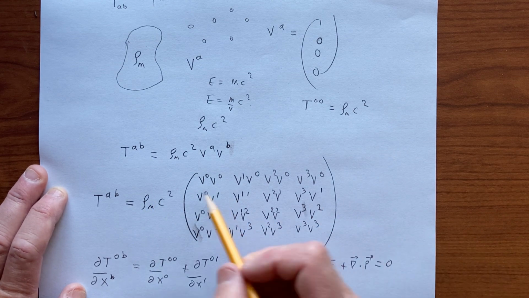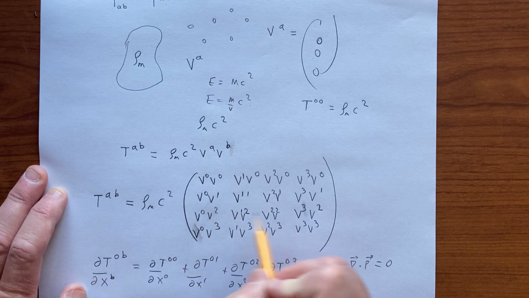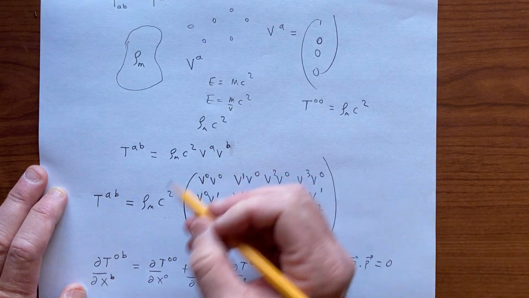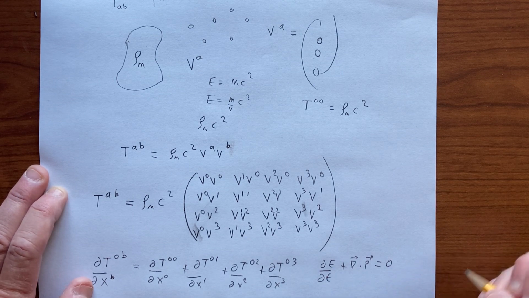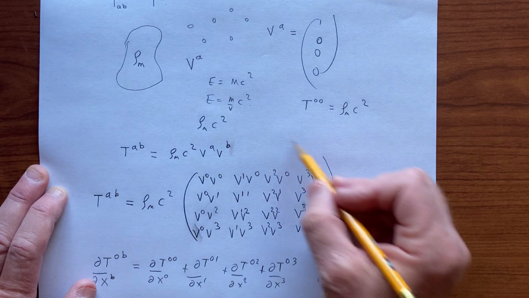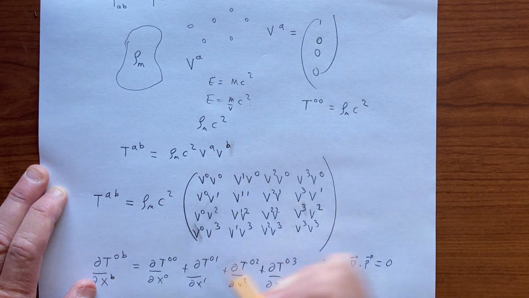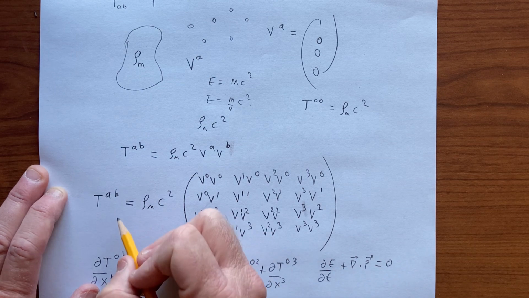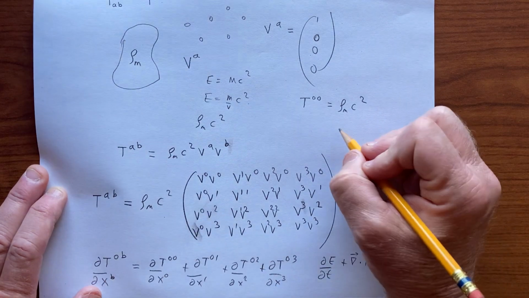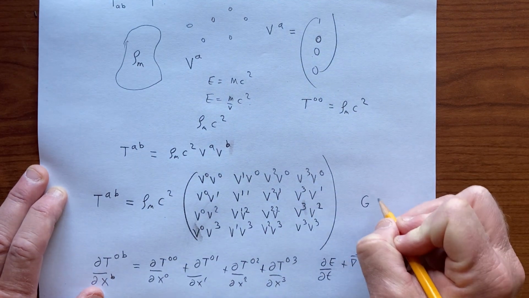And so that looks like a force. So force in the x direction, force in the y direction, force in the z direction, and that's part of the conservation laws. So this is just sort of to motivate the idea that we are capable of producing conservation laws that we need as a way of constraining our G_AB.